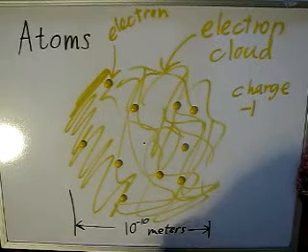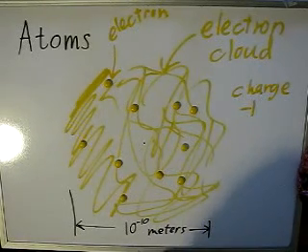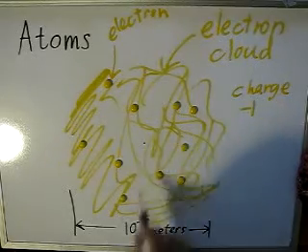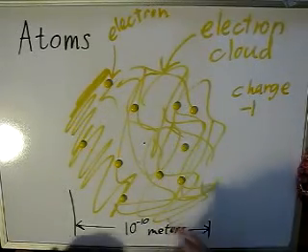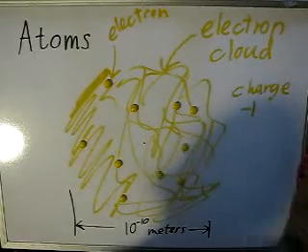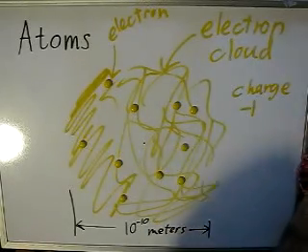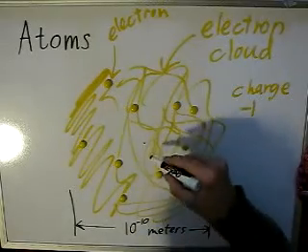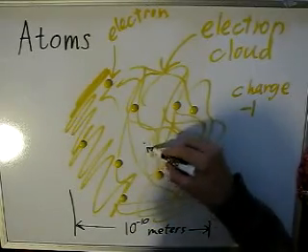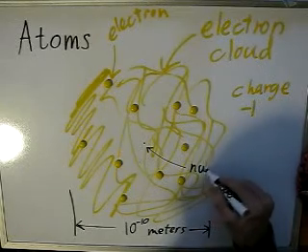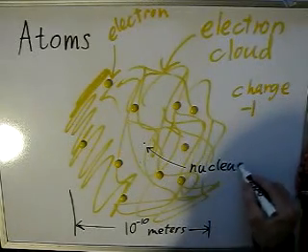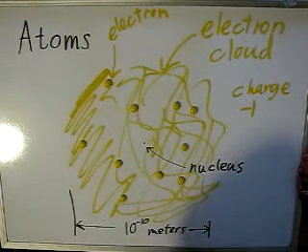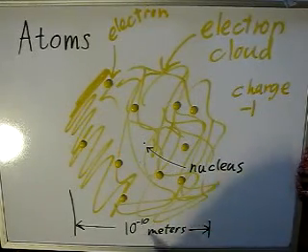Some atoms are a little bigger, some are a little smaller, but they're all pretty close to that. If we were to zoom in on the center of this thing, we would find that this thing is actually itself composed of many different other particles. Now, the name of this thing which is sitting at the center you've probably heard of. It's called the nucleus. And it turns out that almost all of the mass of the atom is sitting there in the middle, in the nucleus.